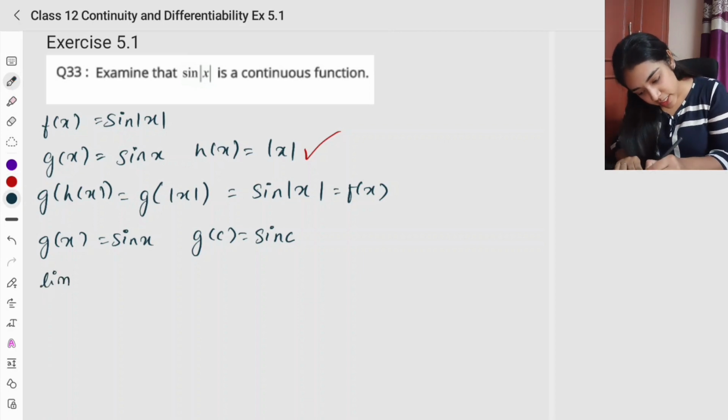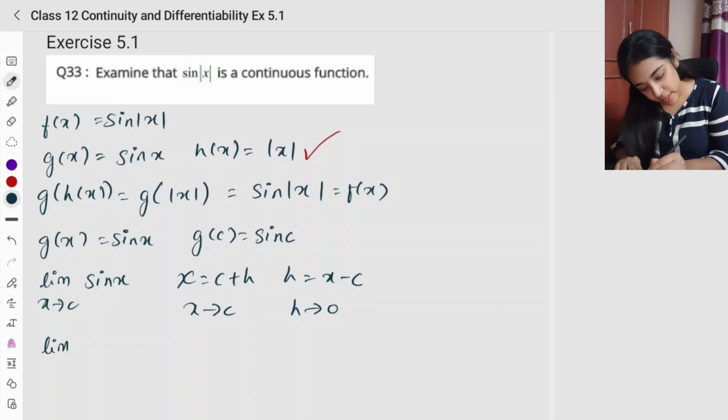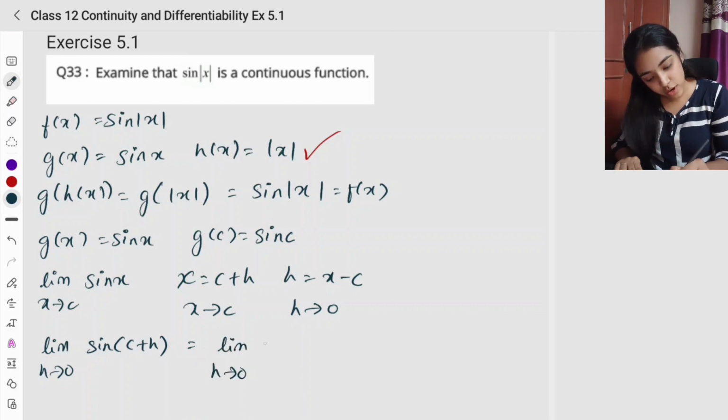So I have limit x tends to c of sin x, substitution x is equal to c plus h, so h is equal to x minus c. If x tends to c, h tends to 0. Appo eppadi marum? Limit h tends to 0 of sine of c plus h is going to be, in the formula enna? Limit h tends to 0 of sine a cos b, idella by heart theriyano, plus cos a sine b.